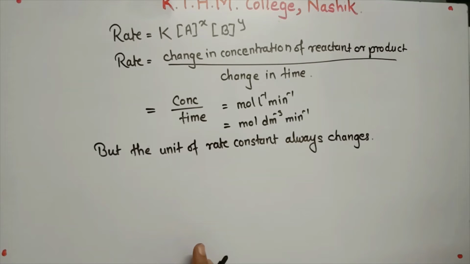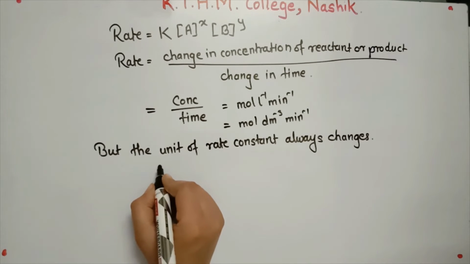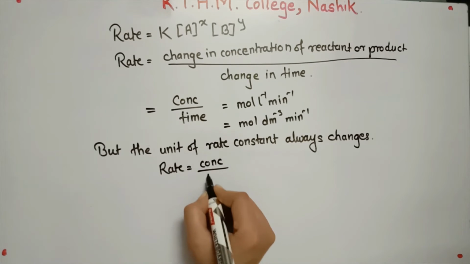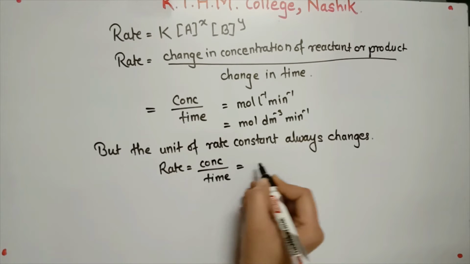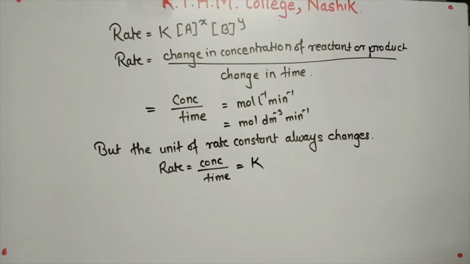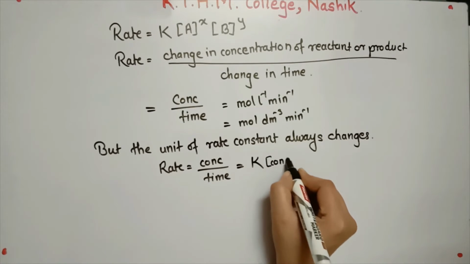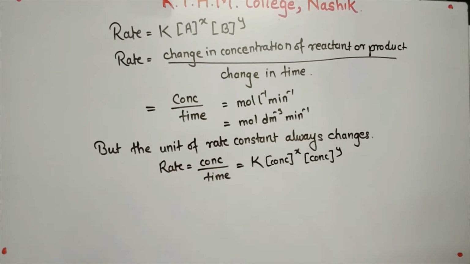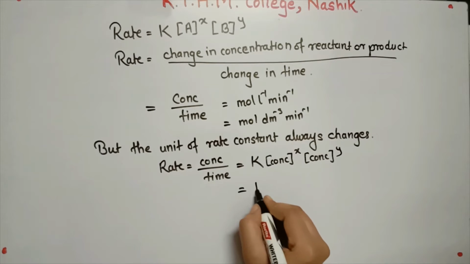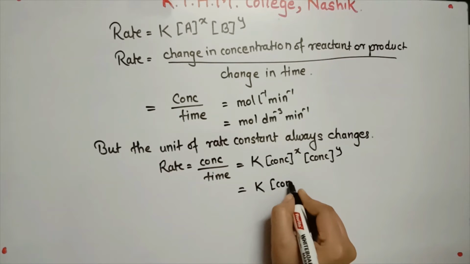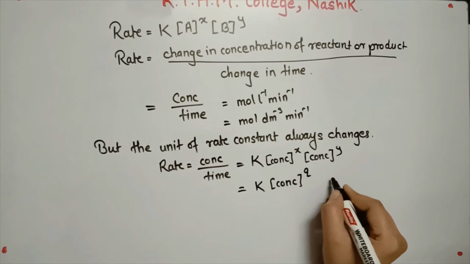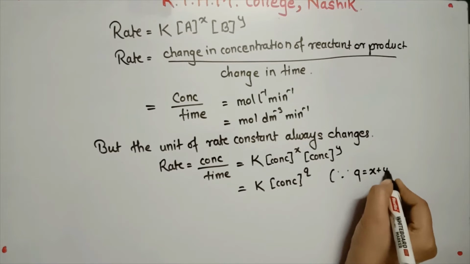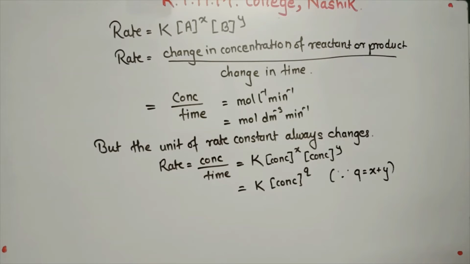So here we know that rate is expressed in concentration upon time, which is equal to K into, this is a concentration term, raised to X into concentration term raised to Y. Okay, so which will be equal to K concentration raised to Q, where Q is X plus Y, that is the order of the reaction.